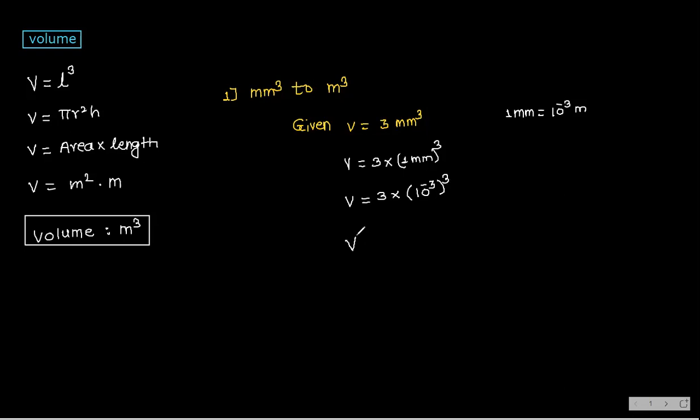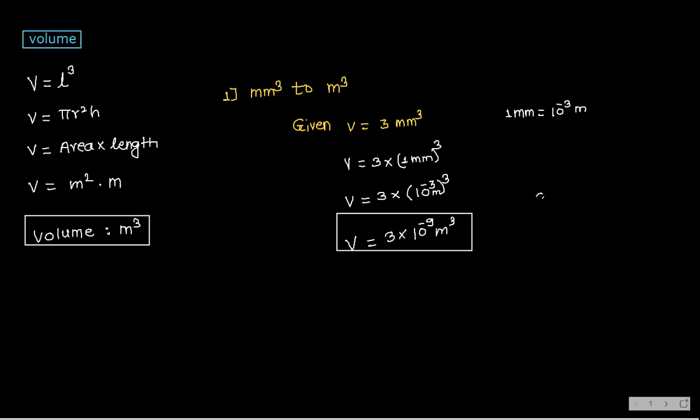So what are you getting then? V is equal to 3 into 10 power minus 9 meter cube. So this is the conversion of millimeter cube to meter cube.